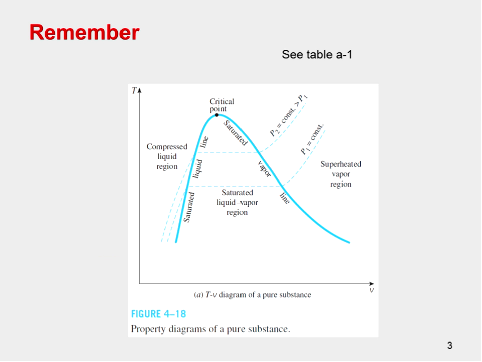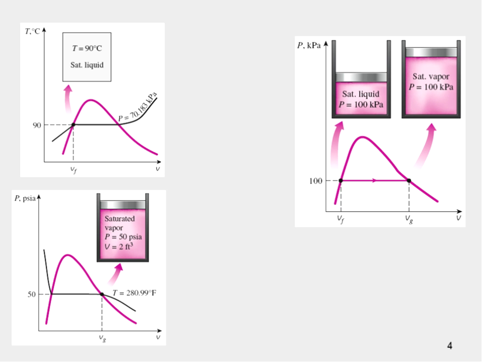So as you will recall, with these TV diagrams, whenever you combine all of the different pressures, as the pressure increases, you will get this shape for your diagram, and this is your critical point. Above that critical point, you really cannot distinguish between what's liquid and what's gas. So you have the saturated liquid, which is here, and the saturated vapor.